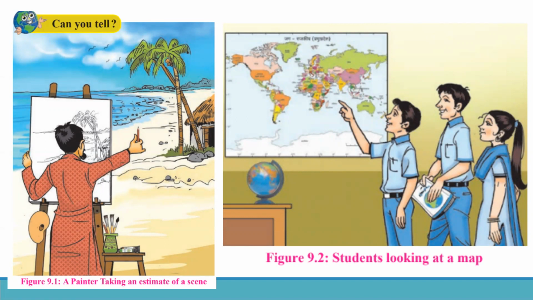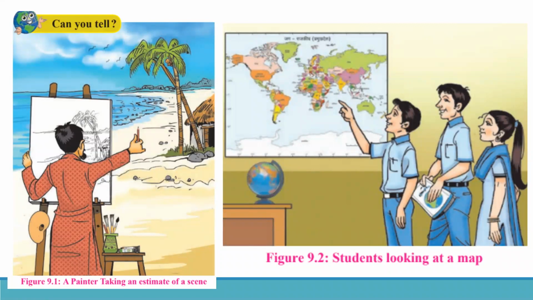The first question: why do you think the painter is holding the pencil in his hand in a particular way? Yes, the painter is doing so that the picture he's drawing is drawn to a particular scale. He's making an estimate as to draw the picture.